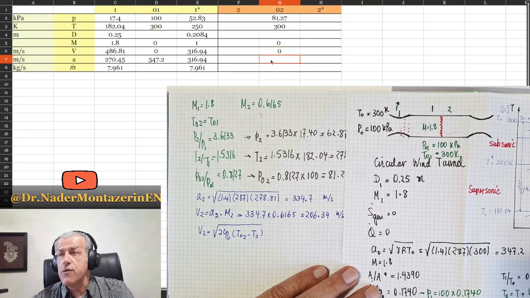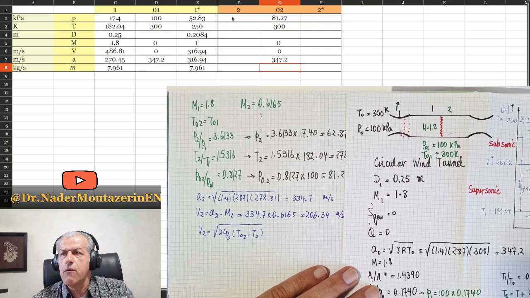Since the total temperature is 300 Kelvin, the speed of sound would be the same as before, 347.2. And the mass flow rate would be meaningless since the velocity is 0.